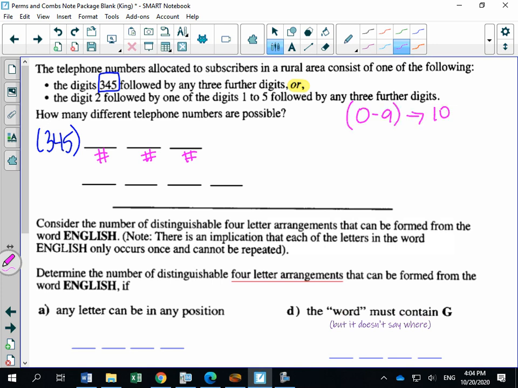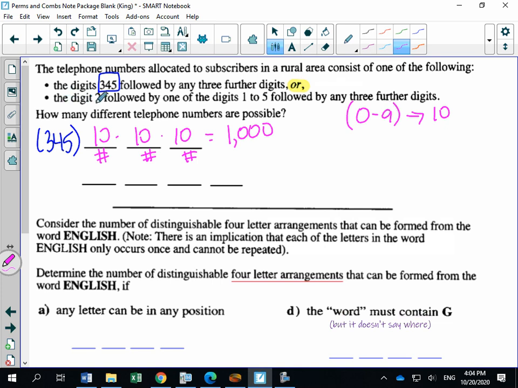So there's 10 possible choices, because one of their phone numbers could be 345-000. There's no restrictions. So this would be 10 times 10 times 10, and that would give us 1,000 choices. So don't worry about this at the beginning. You just have to worry about your stages. 10 times 10 times 10 is a 1 with 3 zeros, which is 1,000 possible phone numbers.